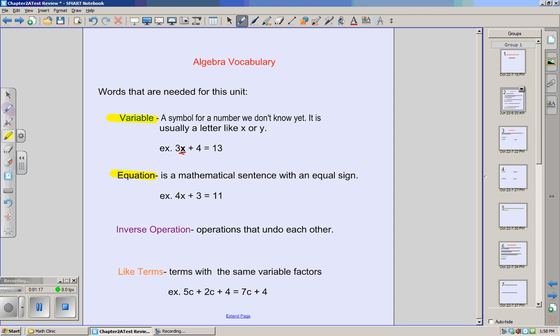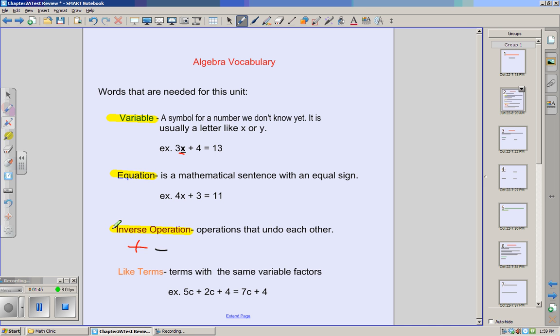Our next term is inverse operation. You'll hear me talk about inverse when I'm looking to isolate the variable or move numbers to the other side of the equation. In order to do that, I have to do the opposite operation, or the inverse operation. So for example, the inverse of addition is subtraction.